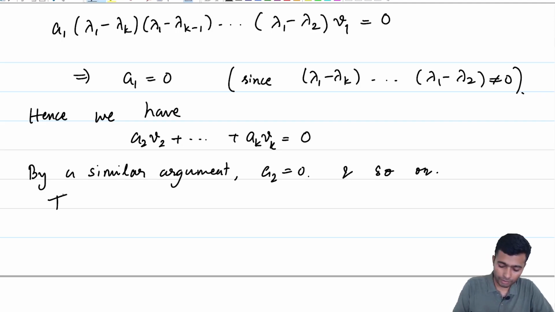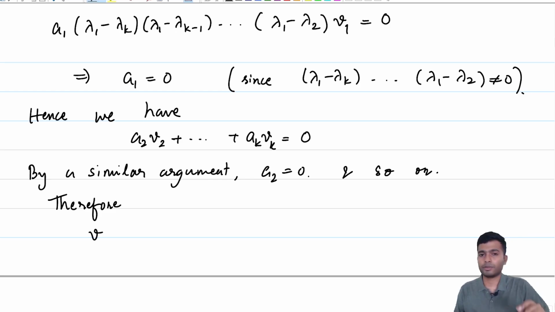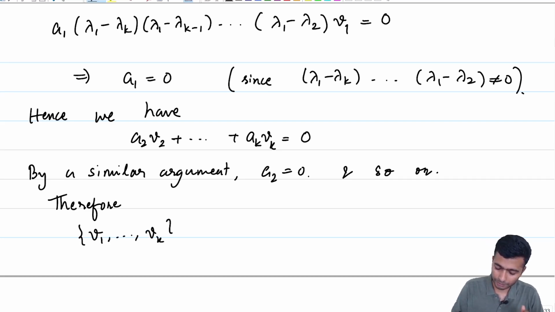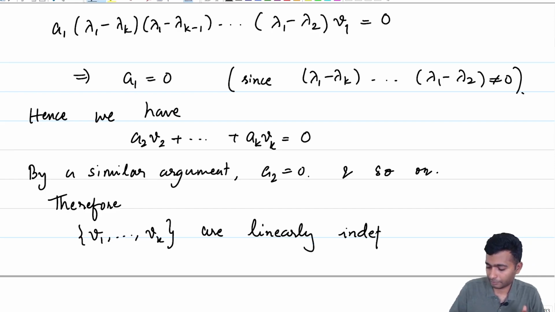Therefore, V1 to Vk, if they have a linear combination equal to 0, the coefficients should necessarily be 0, and therefore V1 to Vk are linearly independent. So, we prove the result.